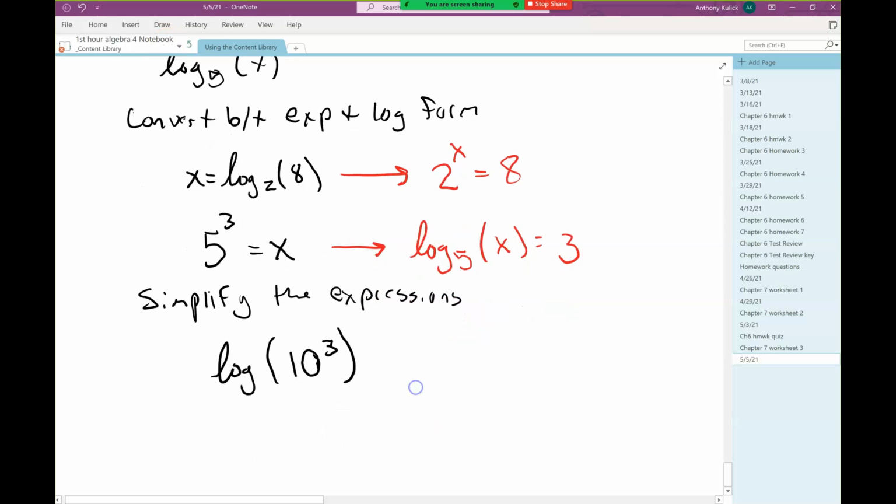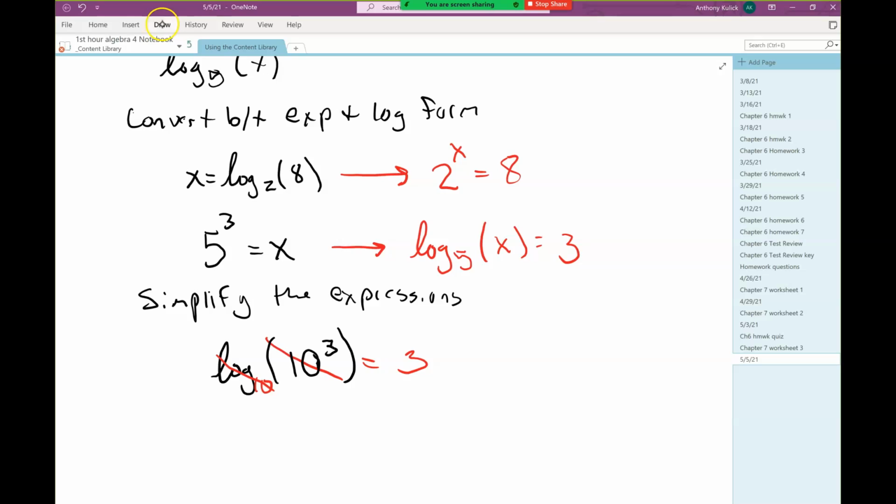Remember that when we write log with no subscript, what is the subscript really there? It was 10. Remember, this is one of our other special situations. Notice the base of the logarithm matches the base of the exponential, so we can just simplify that down to be 3. Everybody okay with that?